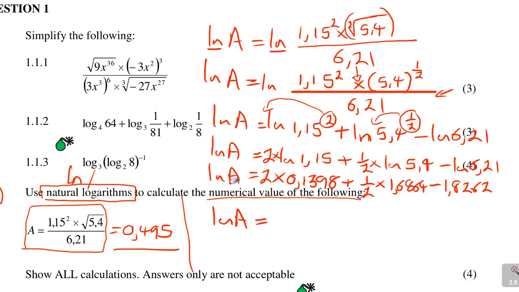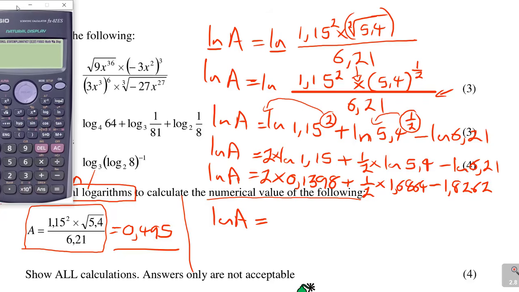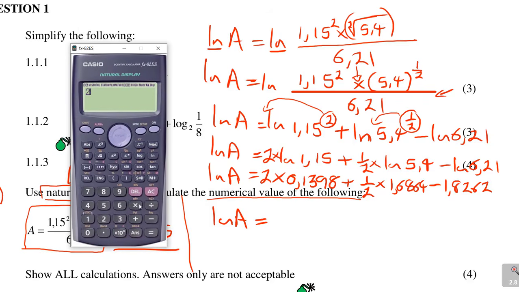At this stage, you are allowed to literally use your calculator throughout now. So it's fine for me to come and say here 2 times 0,1398. You can do that and say plus half, which is 1 over 2, times 1,6864. See what I'm doing now?